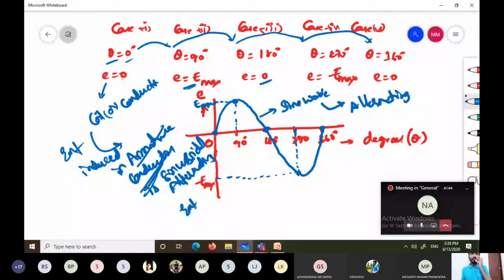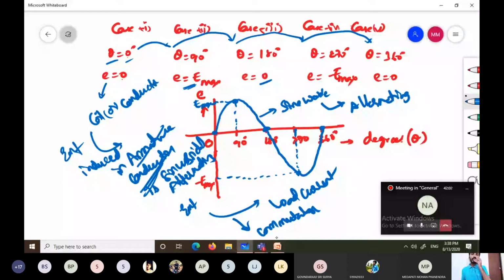Now, what about the load current? In between an armature and a load, there is a part called a commutator.